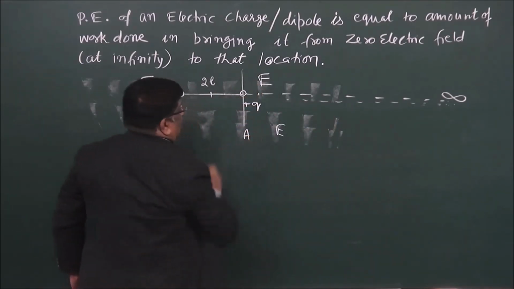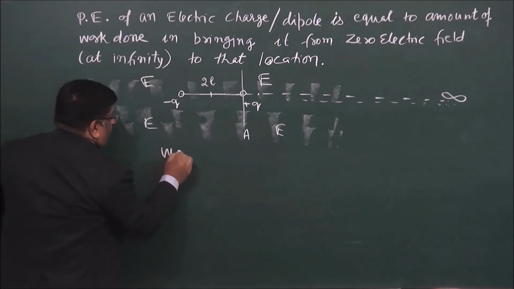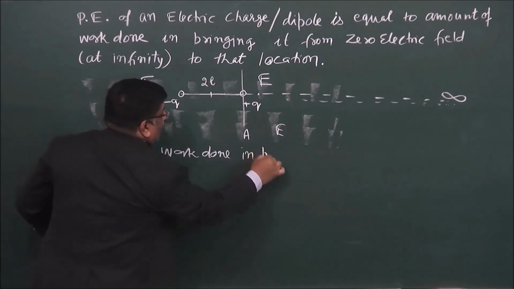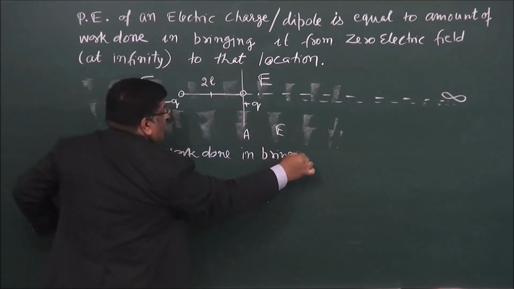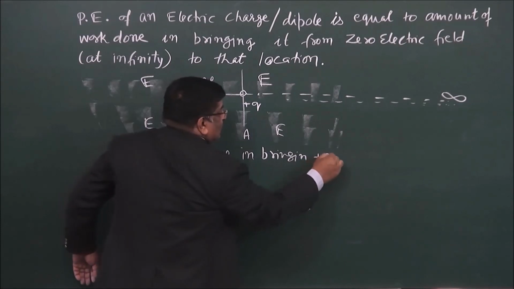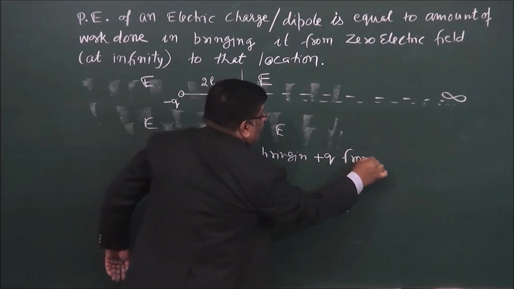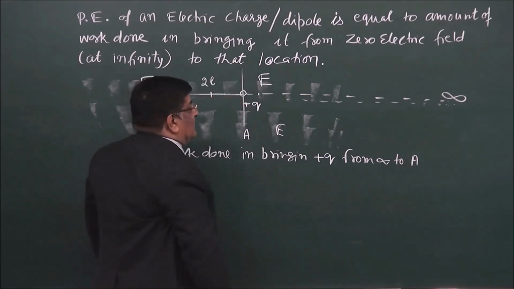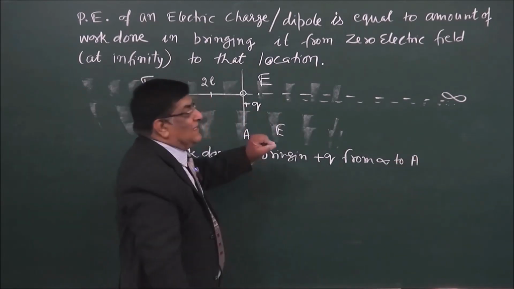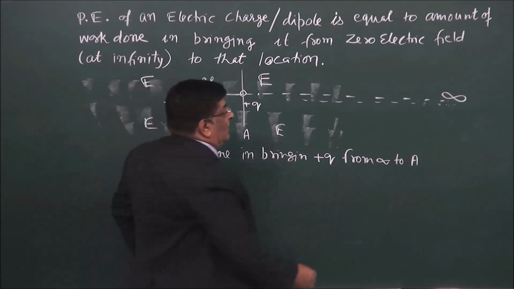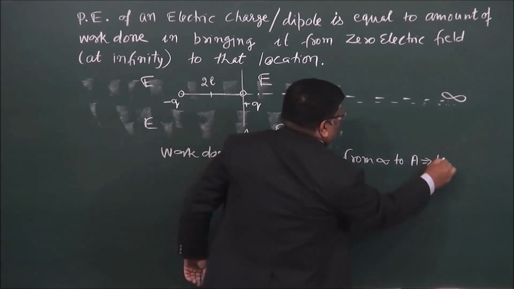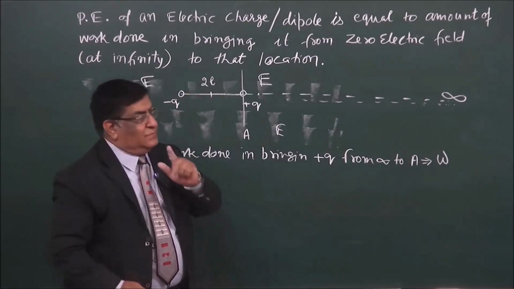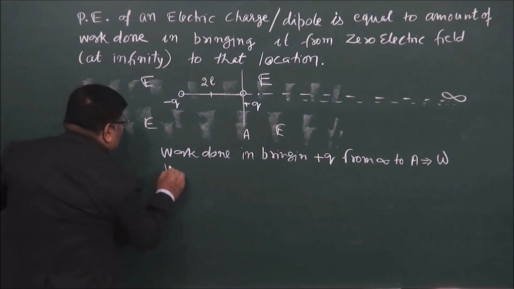This point is A. Work done in bringing plus Q from infinity to A. There is a certain amount of work done. We call it W. Do not calculate it.